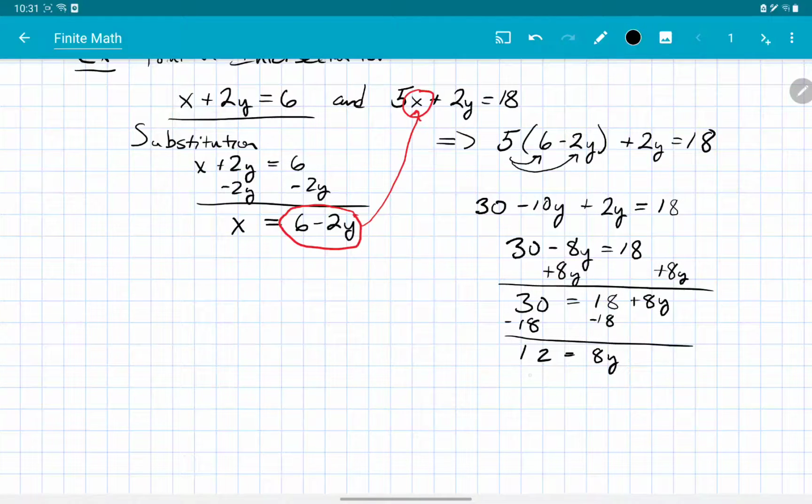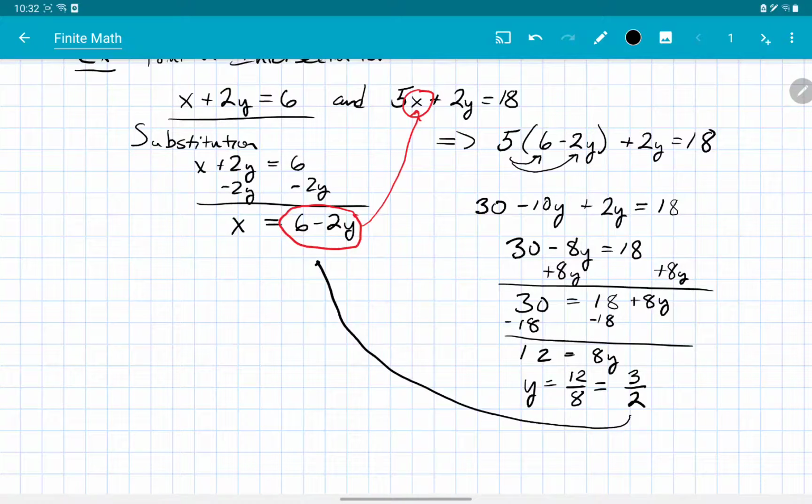I now know that y is equal to 12 divided by 8, which is the same thing as 3 divided by 2, when we cancel out the 4's. So y is 1.5. And now, to figure out what x is, I go back to this situation there.